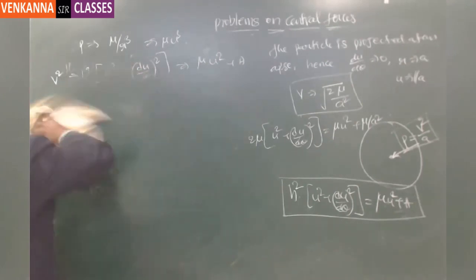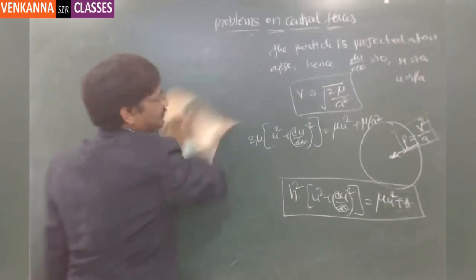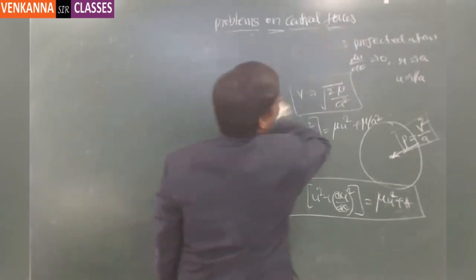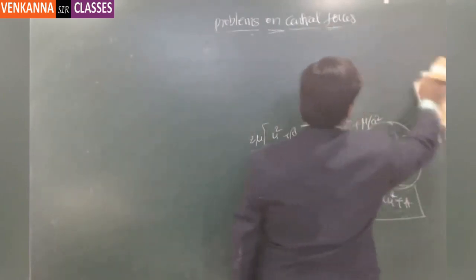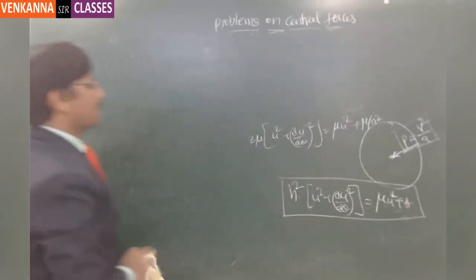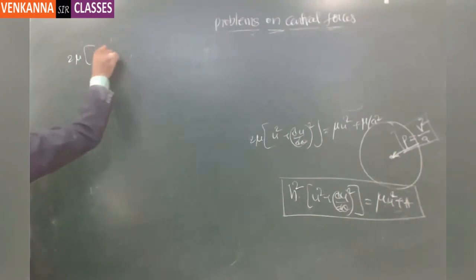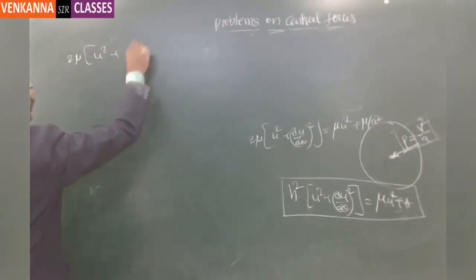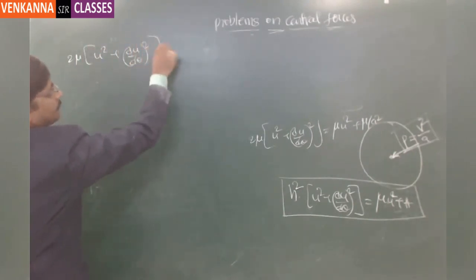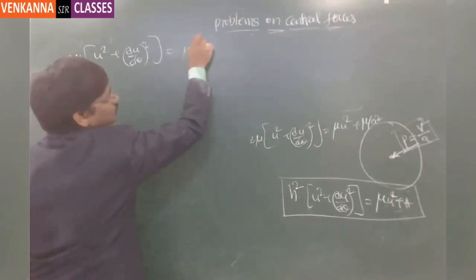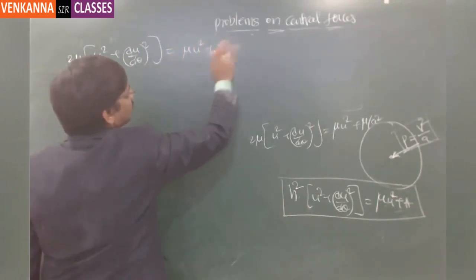Then this differential equation, if you further simplify it: 2 mu times u square plus (du by d theta) whole square is equal to mu u square plus mu by a square.